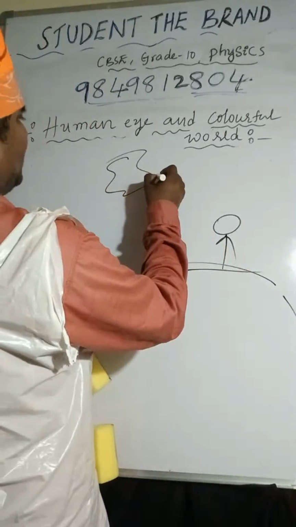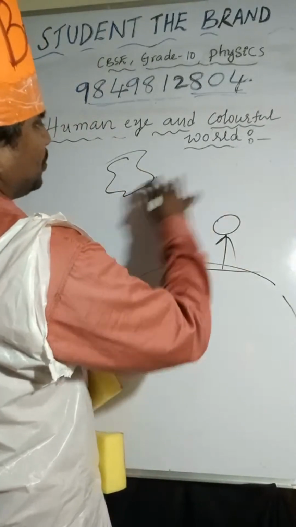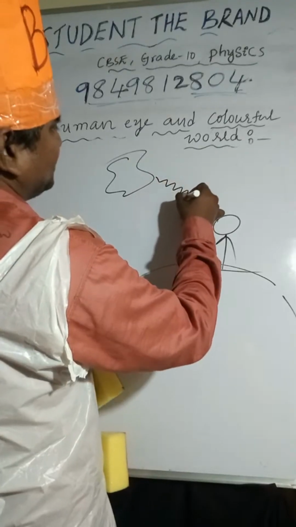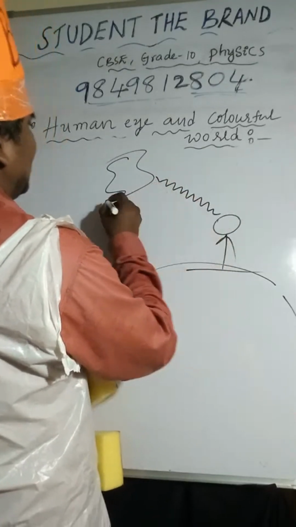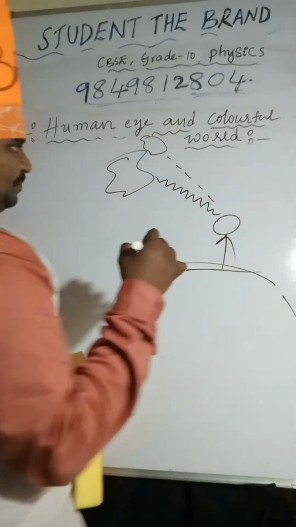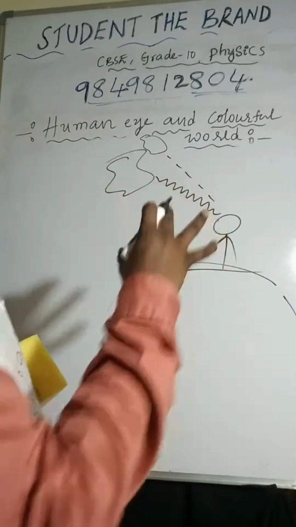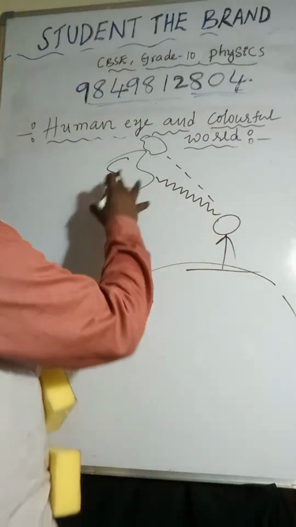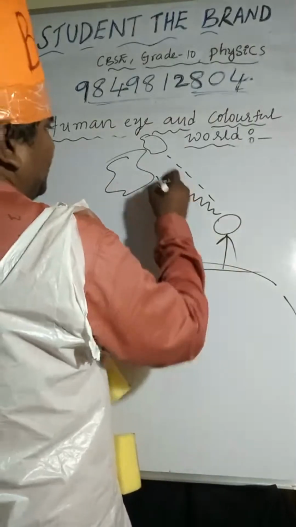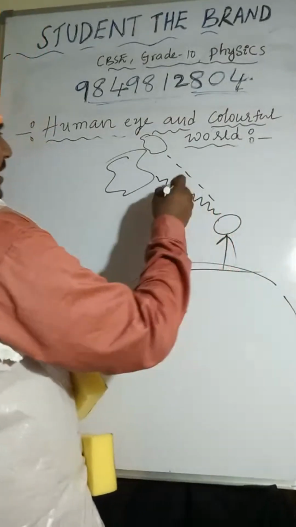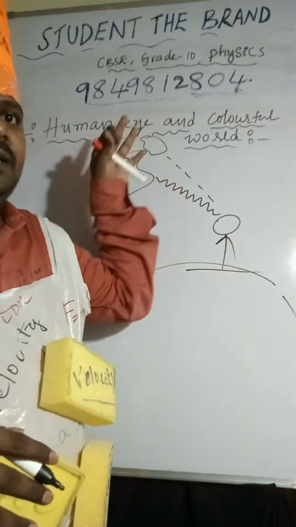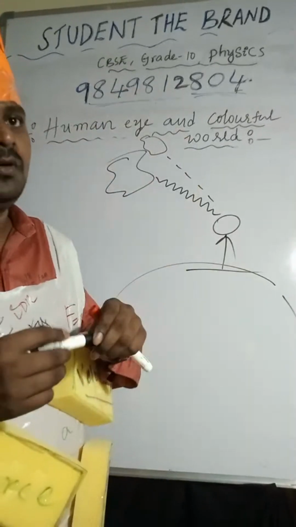Light rays come from the star, and because of the atmosphere the light ray changes its direction. Actually the star is there, but it appears here. This is the apparent position. Because of the atmosphere, the star appears a little bit above its actual position, since the direction keeps changing.